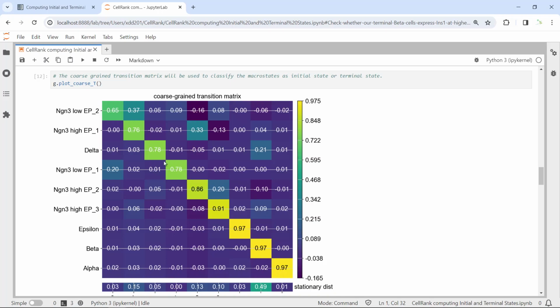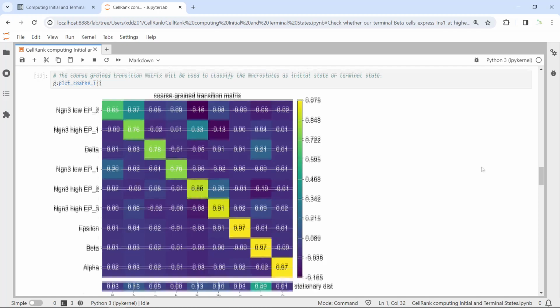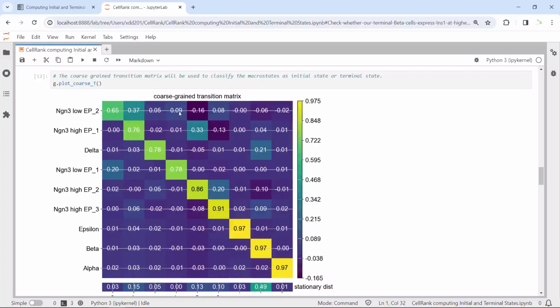Because we set n_states as 9, we have the delta cells here. So possibly the NGN3 low expression progenitors 2 give rise to the delta cells. So we have the coarse-grained transition matrix.